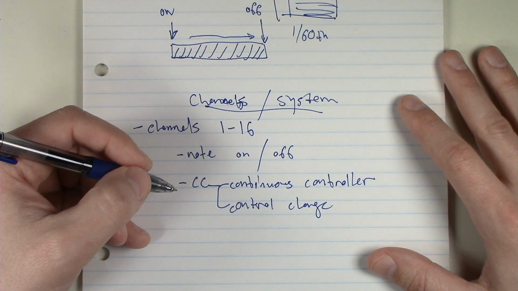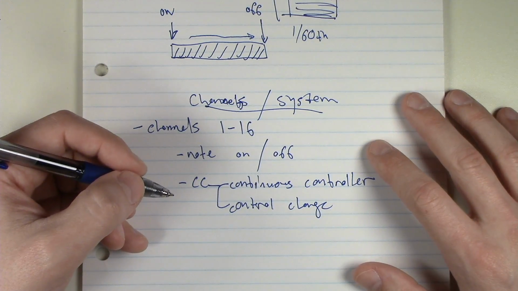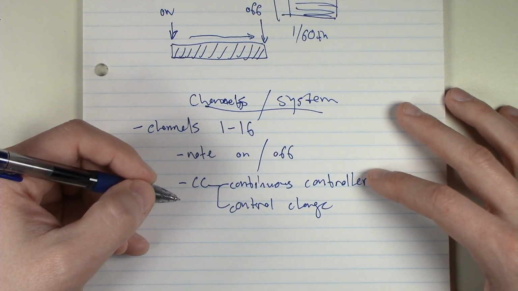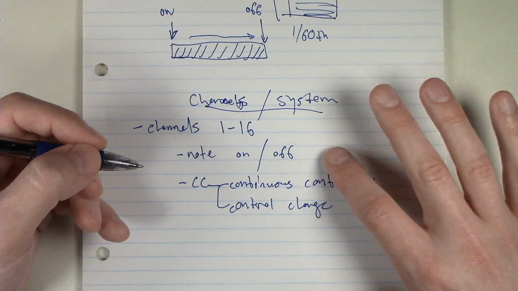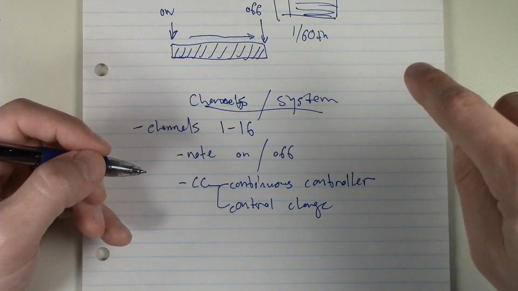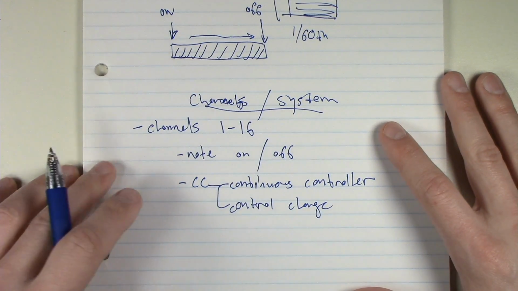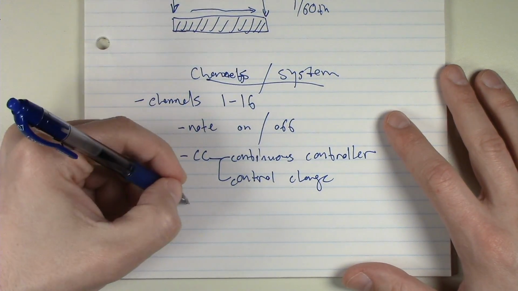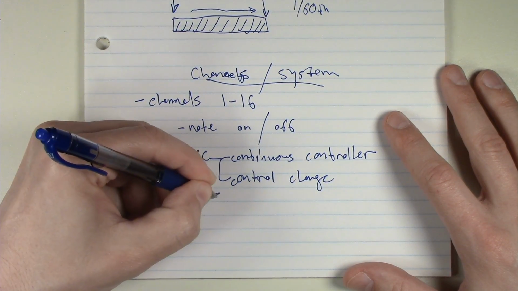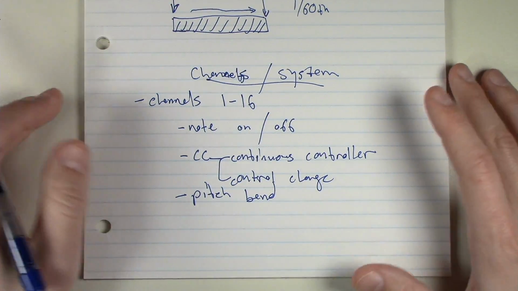Other kinds of things where you want to have a value associated with a knob or a button or something like that. Most controllers that have just general purpose buttons and things send control change messages when you press the buttons. Usually when you press down, it sends one value, and when you let go, it sends another value. What else? Pitch bend. That's another one that exists in channels. And there's a few others as well, like aftertouch and things like that.